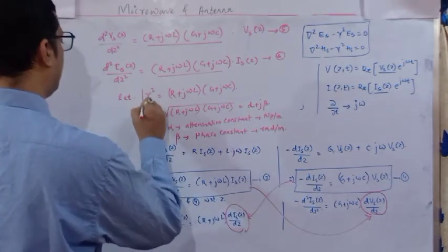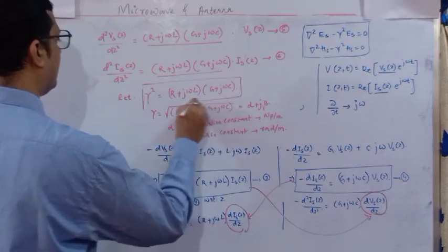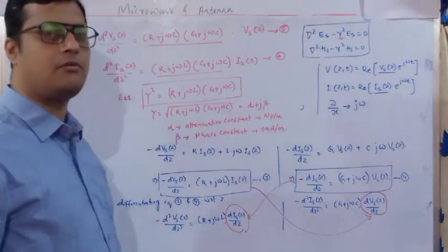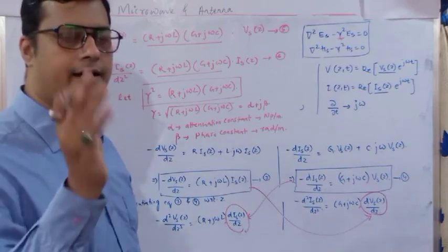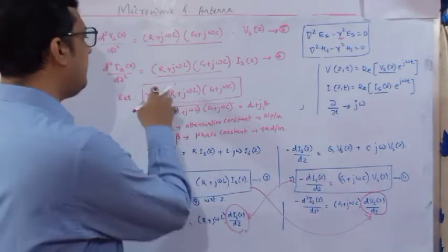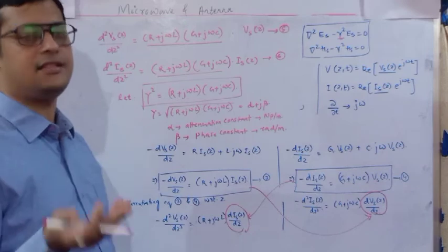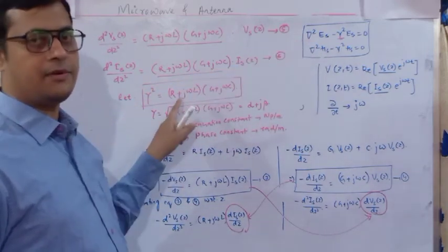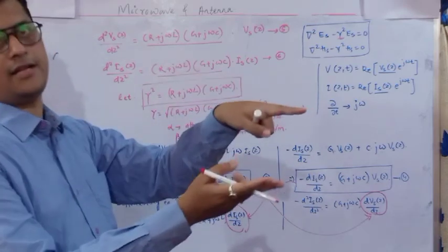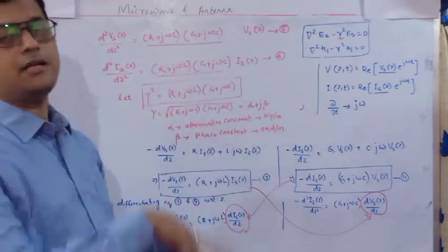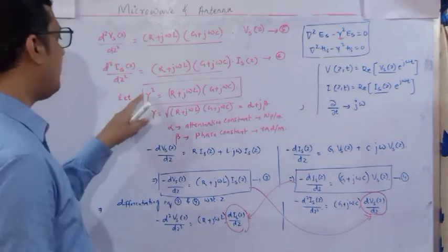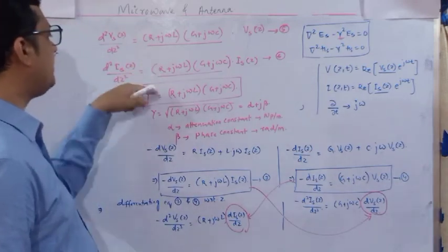So this factor is similar to the earlier one. Here we have written in terms of omega, sigma and epsilon. Here we have written in terms of RLGC parameters. It is with respect to wave in transmission line, so transmission line parameters will come into picture. So RLGC terms. Propagation constant, I will substitute here.